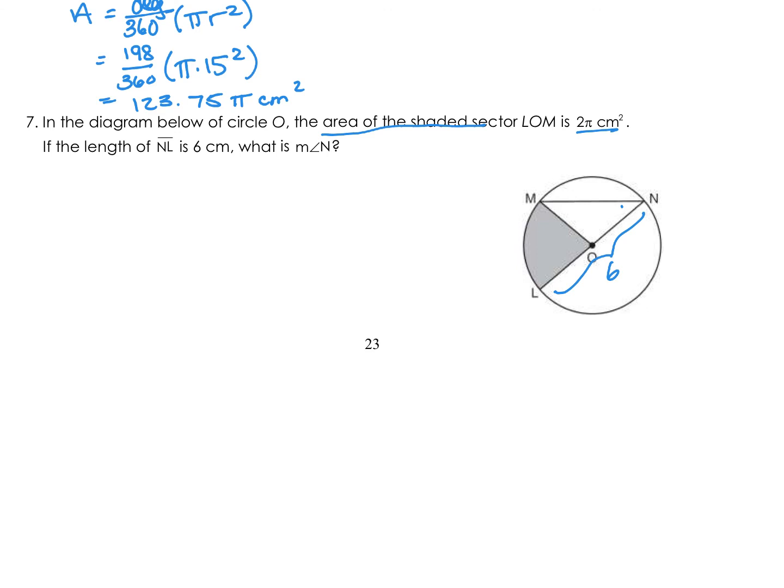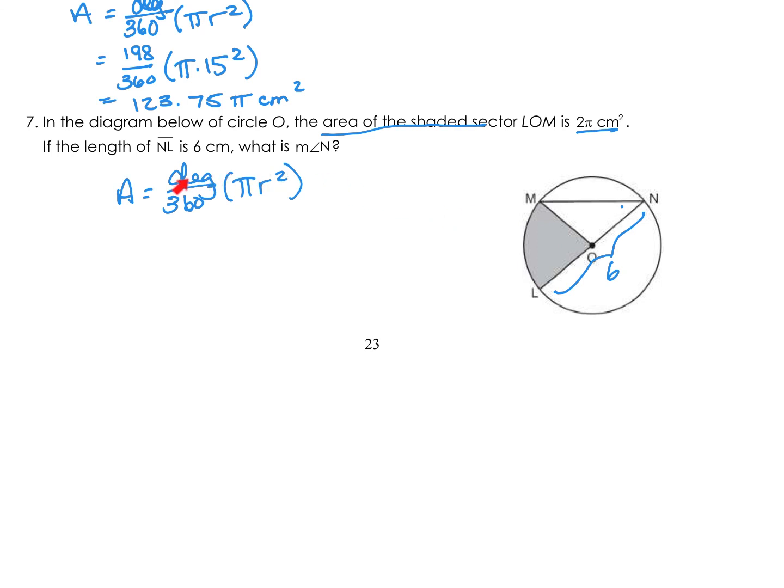Well, since they gave us area, I'm going to start with area, which is degree over 360 times our area formula, pi r squared. Now remember that this degree has to do with this angle.